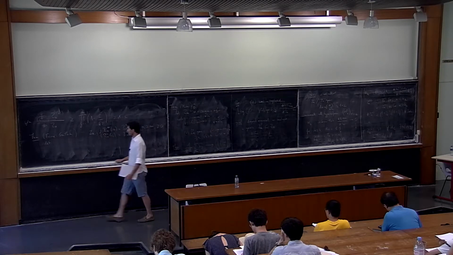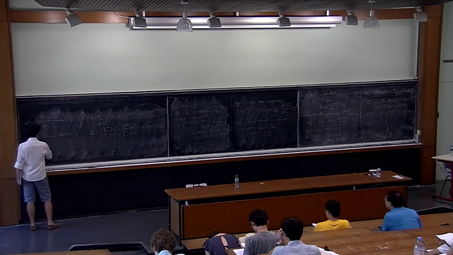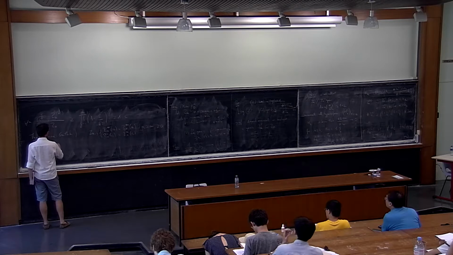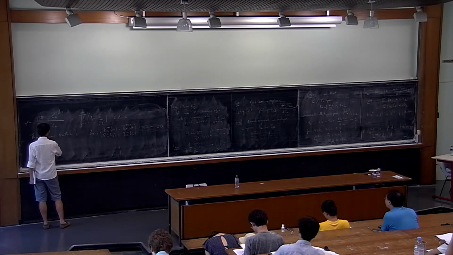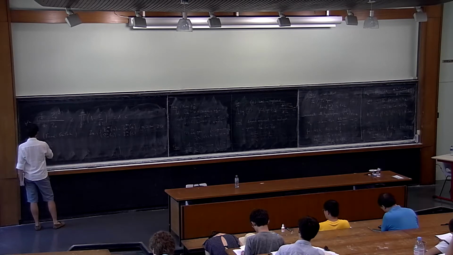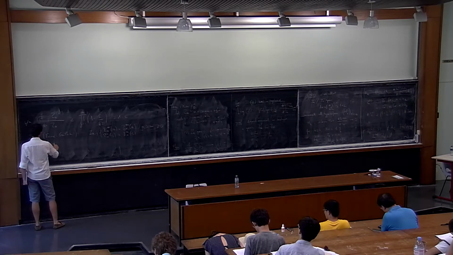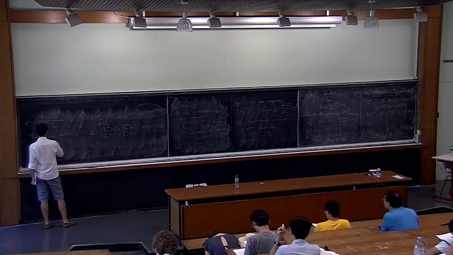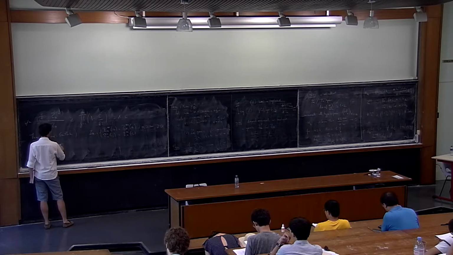And there are two settings where this works. I give myself sequences n0k, m0k and n1k, m1k. Sorry, too many indices here.